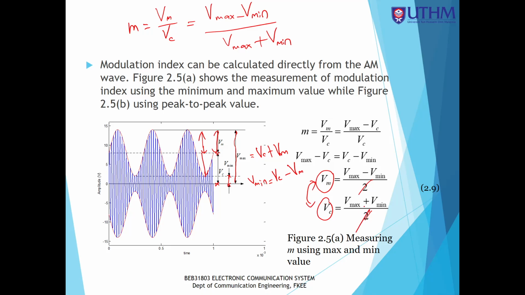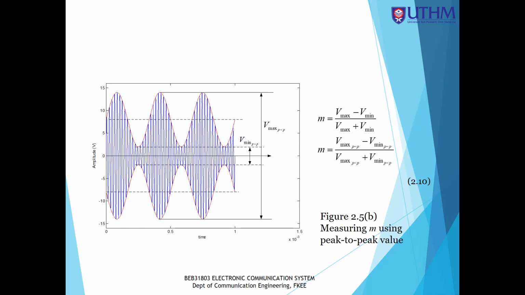So that's why I get Vmax minus Vmin divided by Vmax plus Vmin. It's already been shown here.